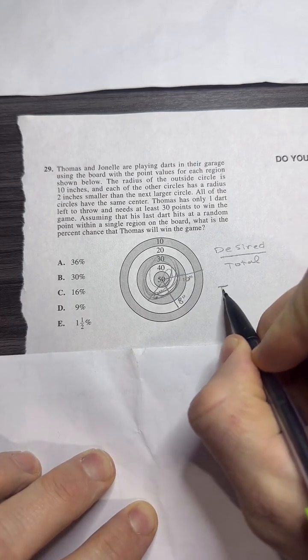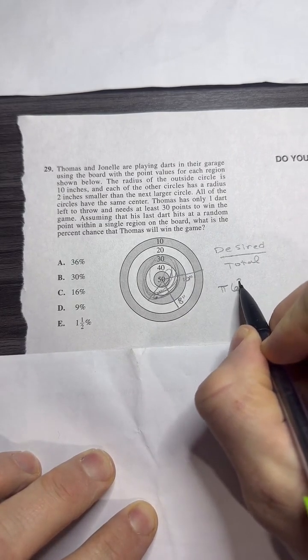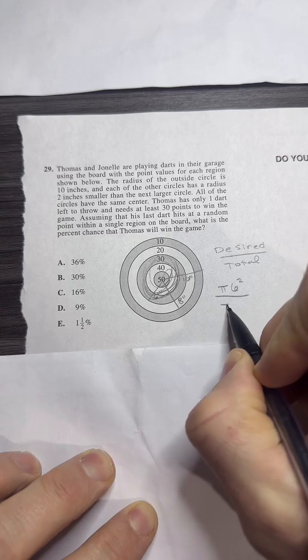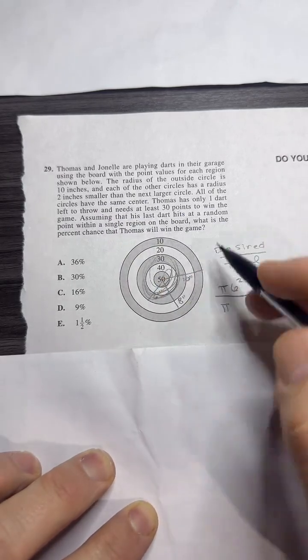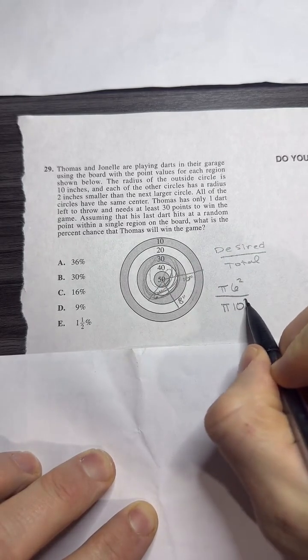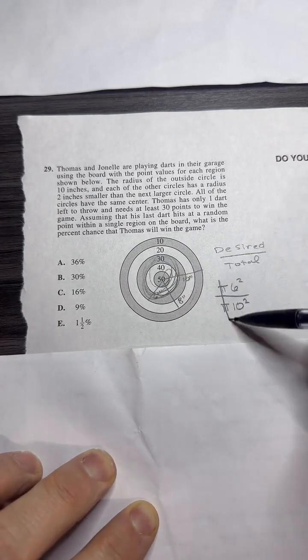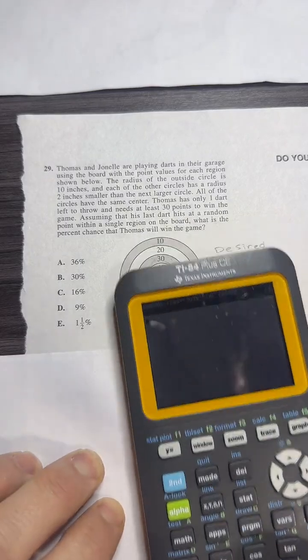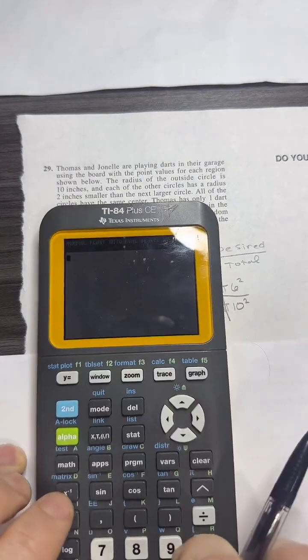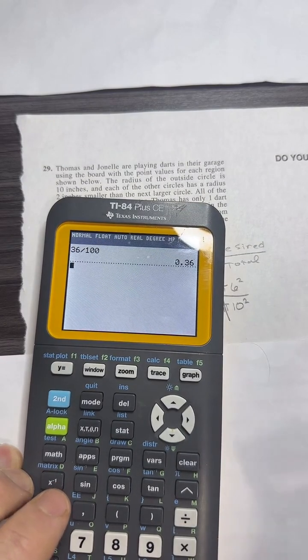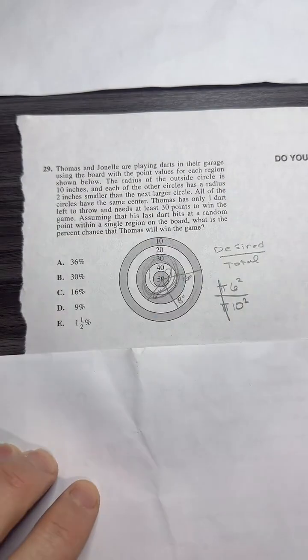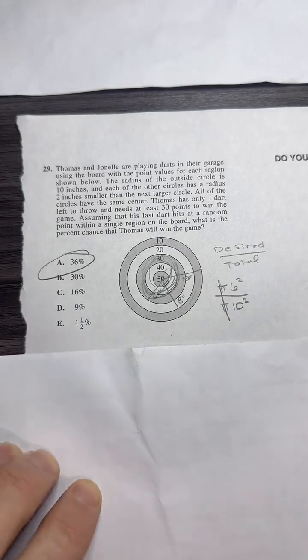That's pi times radius squared, divided by the total, which is the 10-inch dartboard. I can just cancel out those pi's. So I do 6 squared divided by 10 squared, which is 36 over 100. Do I even have to use my calculator? Absolutely not. I get 0.36, which is 36%.